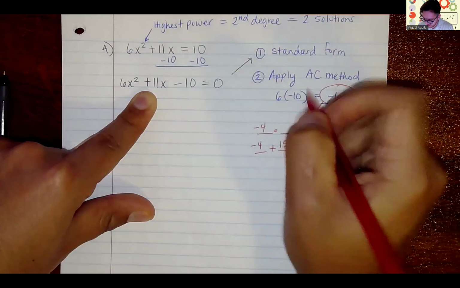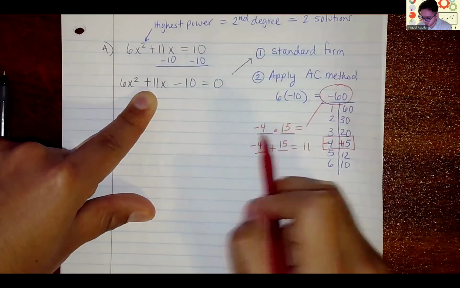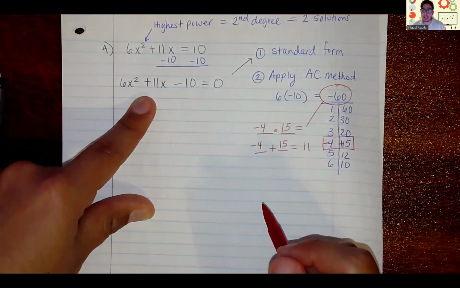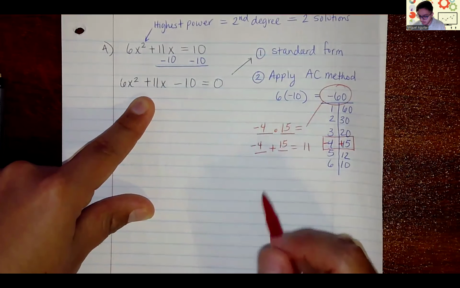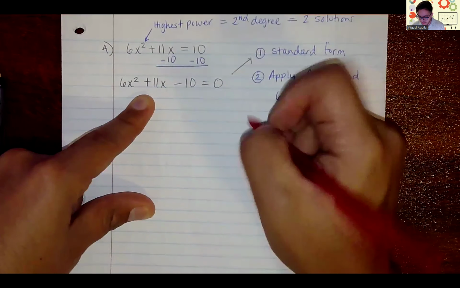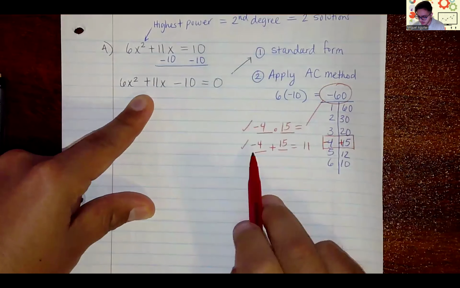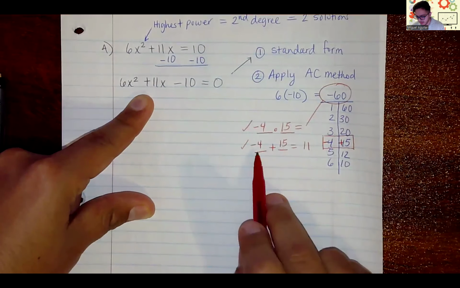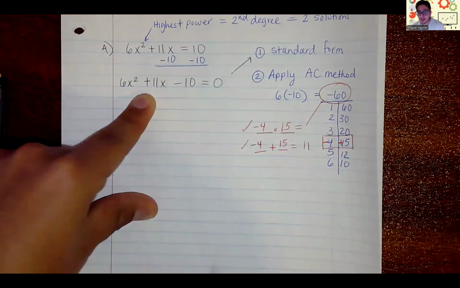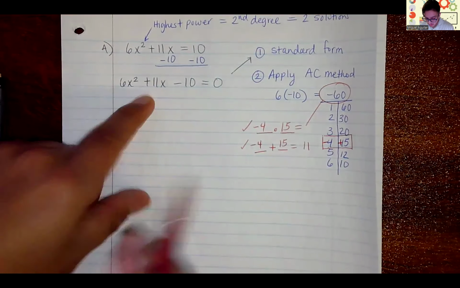Negative 4 times positive 15 multiply to give you negative 60. So that works out. And that's the only factor pair that's going to work. Remember, if you got those signs backwards, then we wouldn't have met these conditions, since if I had switched those signs and had a negative 15 and a positive 4, that would have been a negative 11. Okay, so we need both of those conditions to work before we can move on.